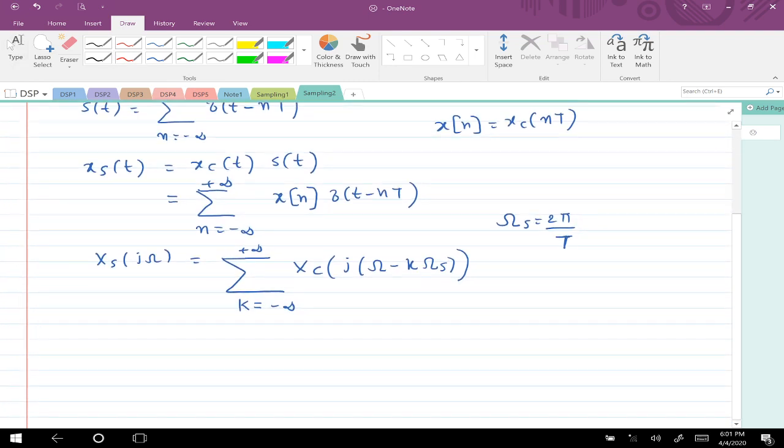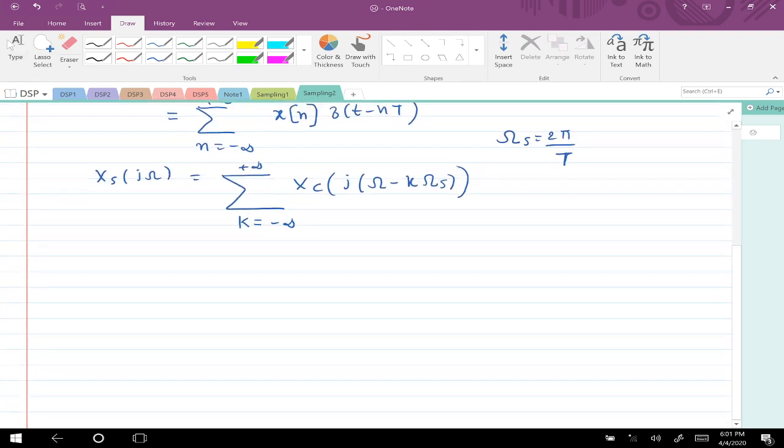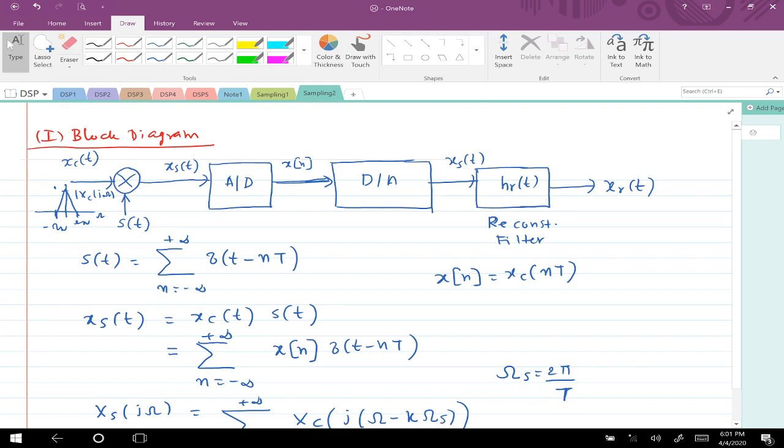Let me first focus in this block diagram on xs of t and x of n. The Fourier transform of xs of t would be xs of j omega, and this being a discrete time signal, the Fourier transform of x of n is the discrete time Fourier transform, x of e power j omega.